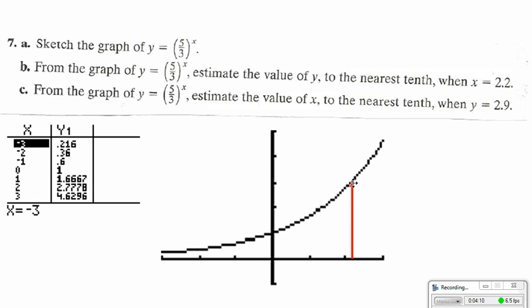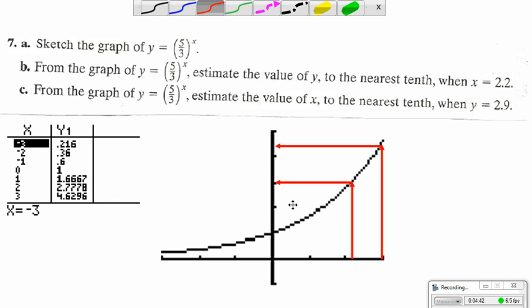Going up here, and then coming back to the left. 2.2 then seems to be about 3, and 2.9 seems to be around 4.5. So estimate the values. I mean, this is truly based upon a graph.